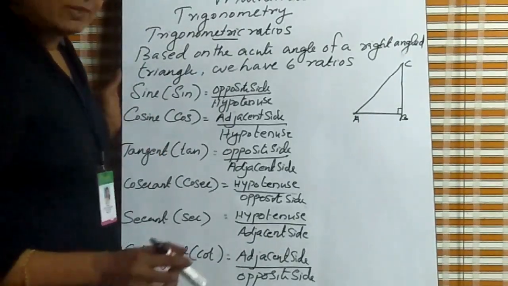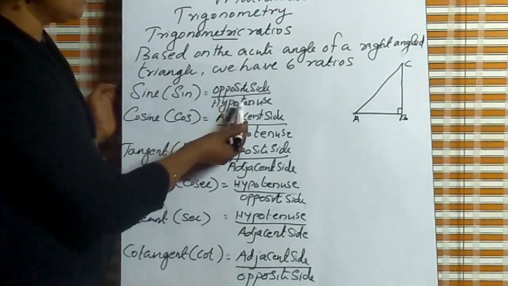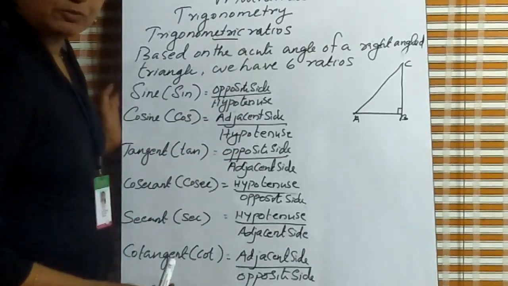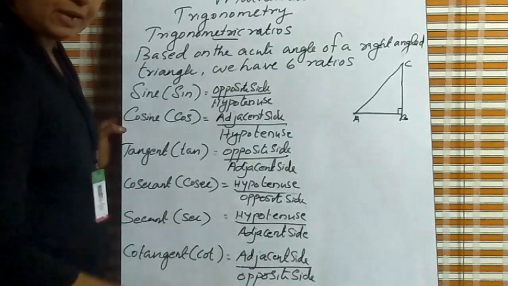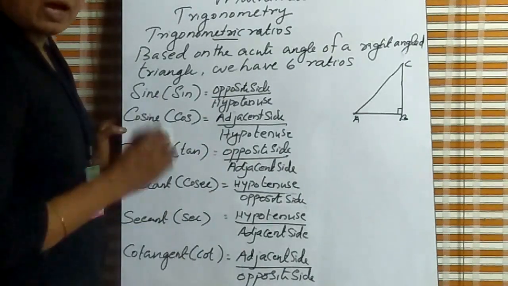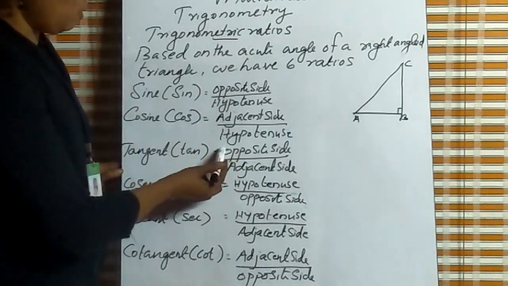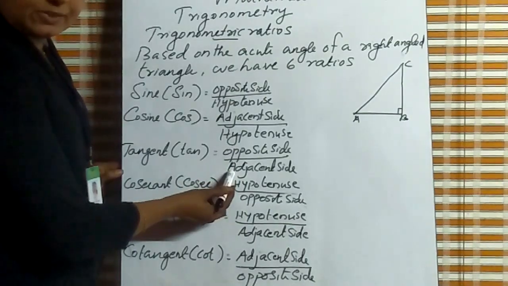Sine of an angle is equal to opposite side by hypotenuse, and cos of an angle is equal to adjacent side by hypotenuse. Tan of an angle is equal to opposite side by adjacent side.